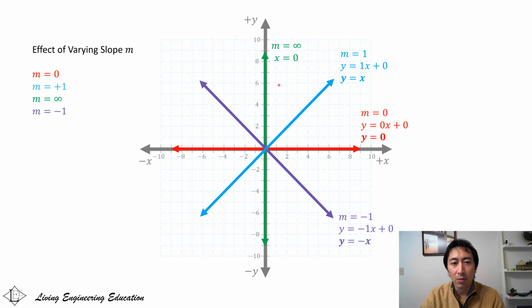So we'll take a look at a couple more graphs to fill in these missing sections, but this will give you a good sense of the shape of your graph just by looking at the slope and seeing if it's positive or negative, and then how close you are to either 0, 1, or infinity, or a very large number. You can think of it that way.